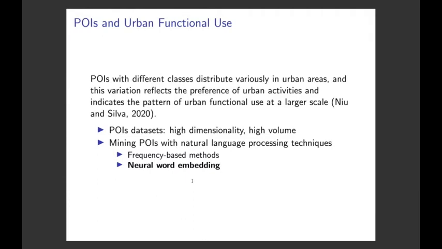It also has the problem of high dimensionality. So to mine those POI datasets, researchers have started to use techniques from natural language processing. This is because we found similarities between POI datasets and natural languages. I will talk about that later in the case study.